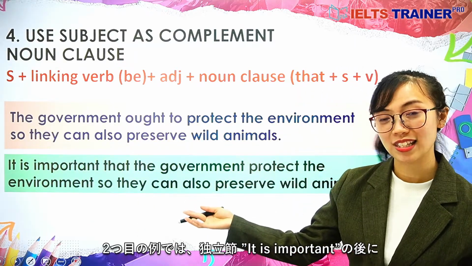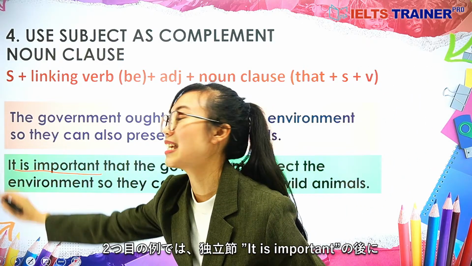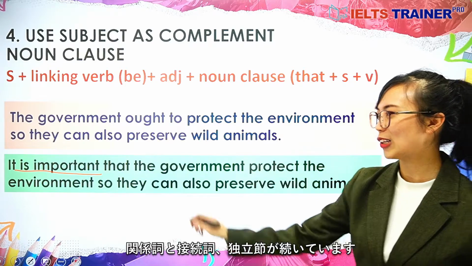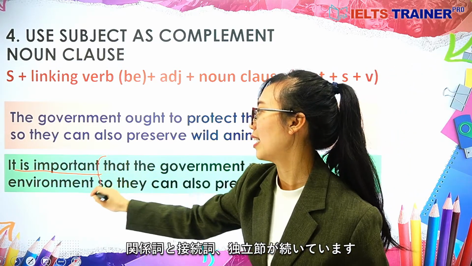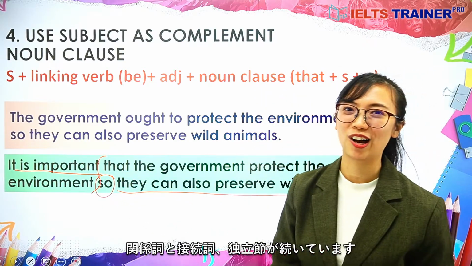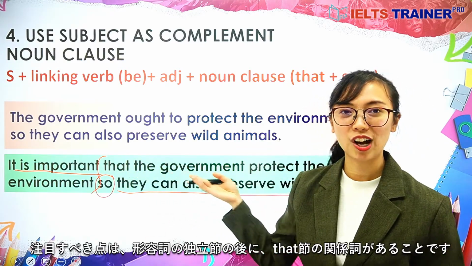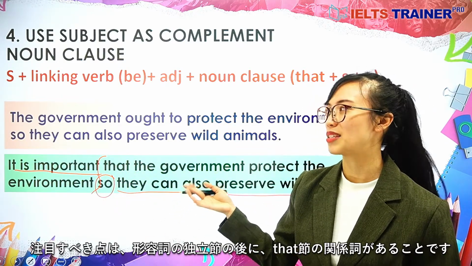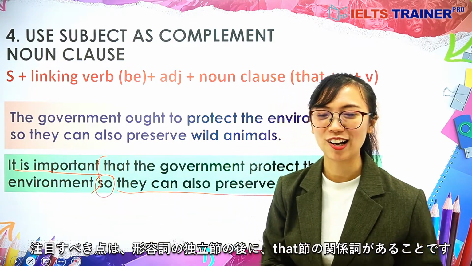But the second example shows an independent clause, it is important, followed by this relative clause and the conjunction followed by an independent clause. So notice that the relative clause comes after the adjective of that independent clause.